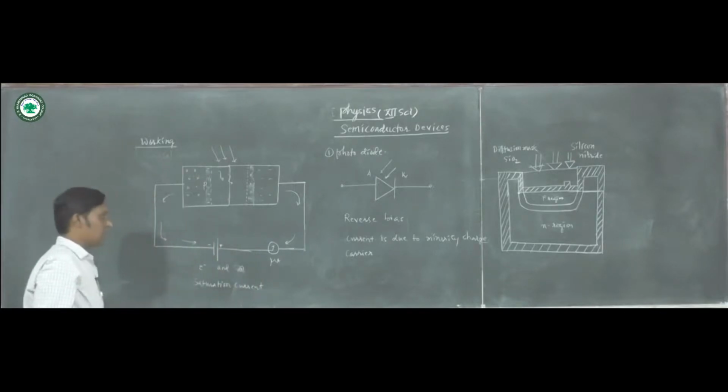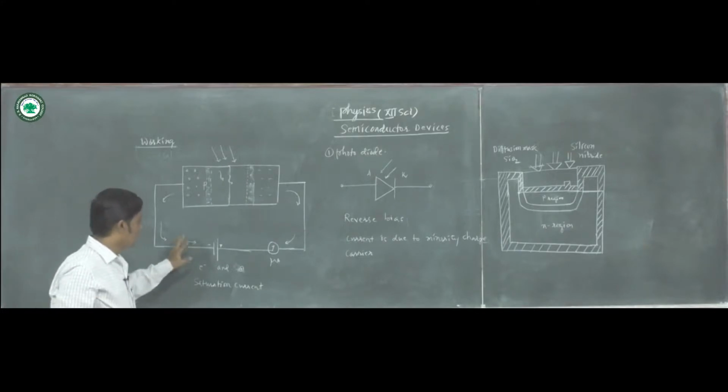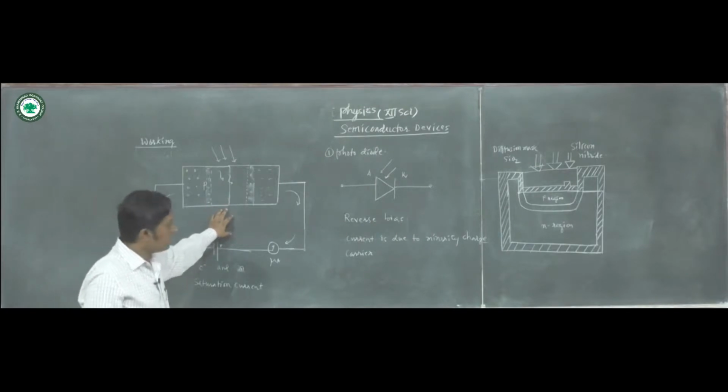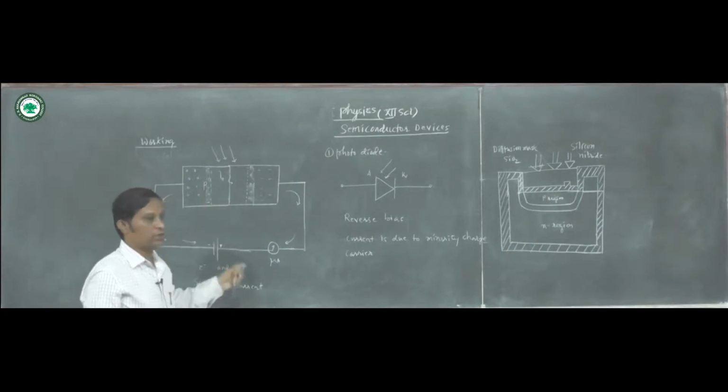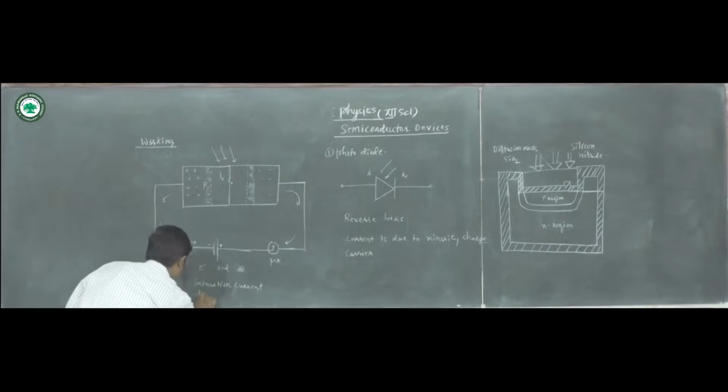Which is known as the saturation current. When there is no light on this photodiode, even in that condition, the photodiode starts to conduct, and that current is known as the dark current.